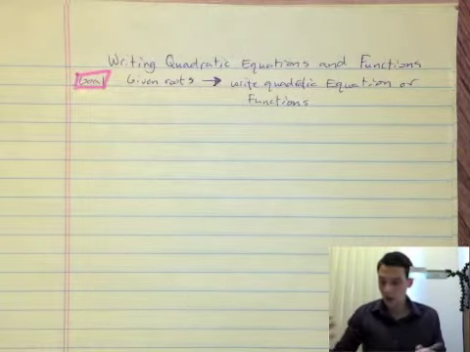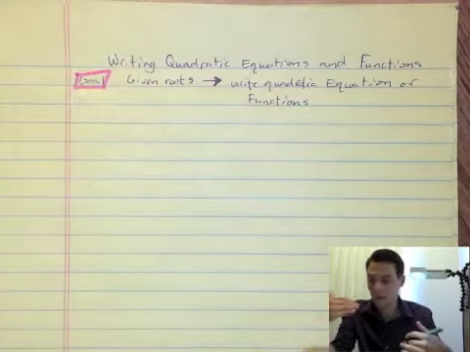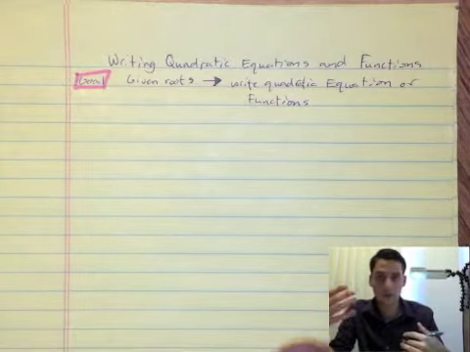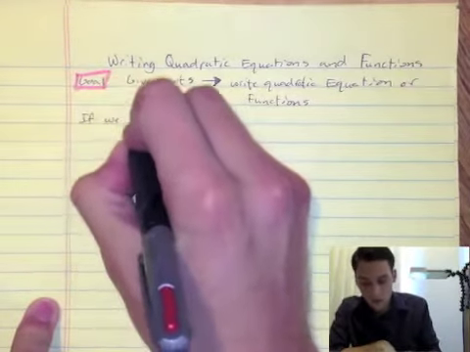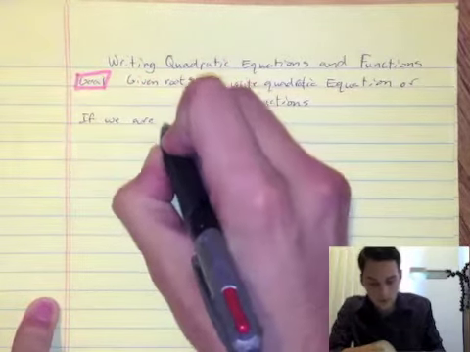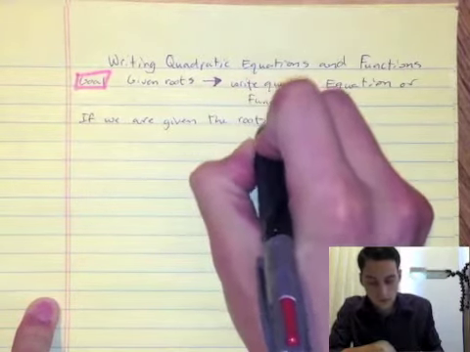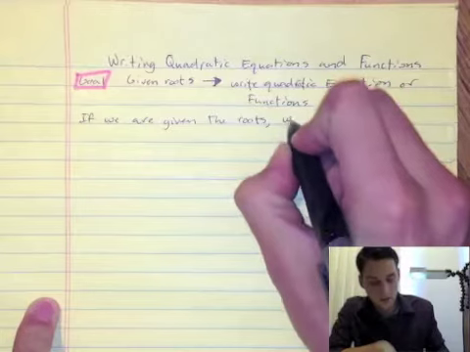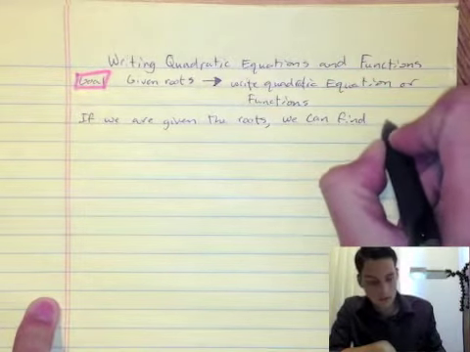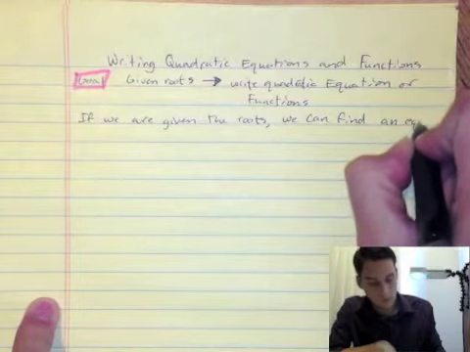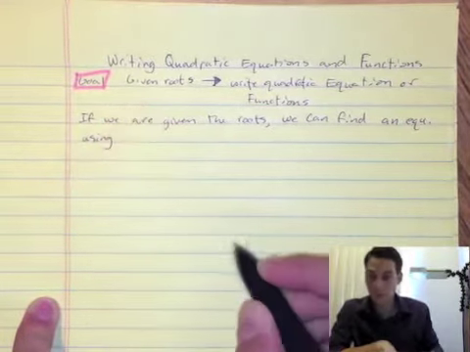So, if we are given roots, there's a formula that we can use to write these quadratic equations. If we are given the roots, we can find an equation using this formula.